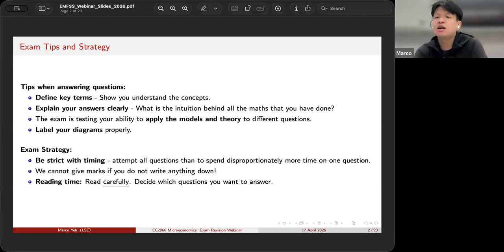The thing is that it is not strictly necessary, but if you find a diagram easier for you to explain economics, and if you have already run through the problem sets, for some questions it's easier to do with diagrams, for some questions it's easier to do algebra. So if you find it much easier to do with diagrams rather than algebra, then why not do diagrams? So it really depends.